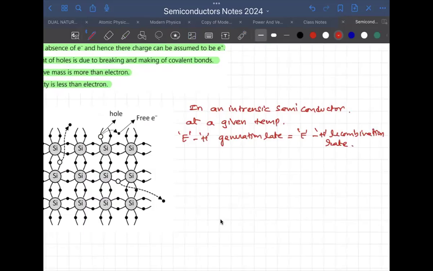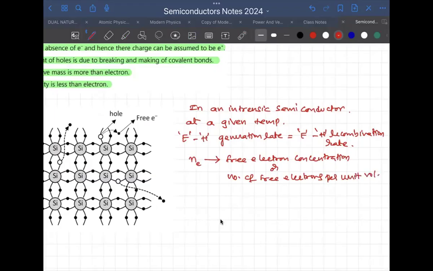Only then at a given temperature, the free electron concentration will remain constant. So hereafter, whenever I am using Ne, it means free electron concentration, or in other words, number of free electrons per unit volume. NH represents hole concentration, or in other words, number of holes per unit volume.